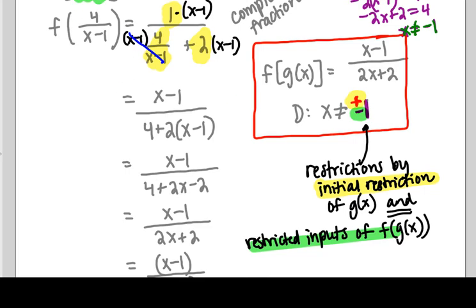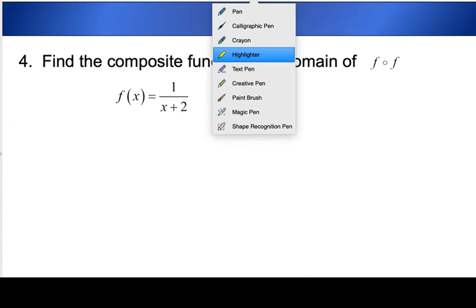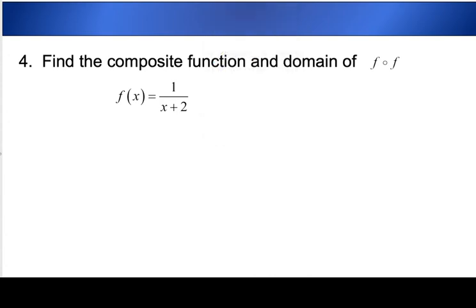Okay, let's try a composite function where we're putting a function back into itself. So very similar with the rational function. So let's calculate f of f of x. Now I'm going to write my original restriction, x cannot equal -2. That's going to be restricted from the final domain.